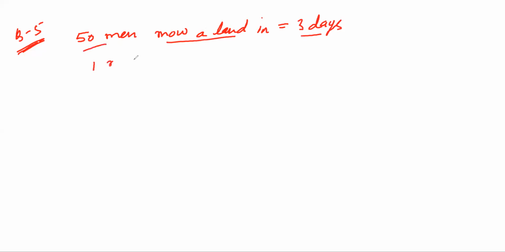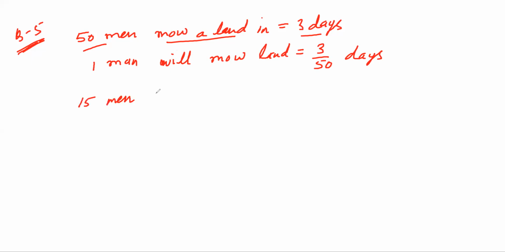So one man will mow the land in 3/50 days. If there are 15 men, according to the question, 15 men will mow the land in 3/50 multiplied by 15. Solve this and find the answer.